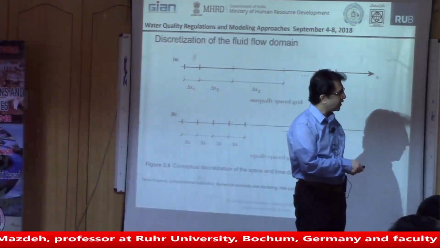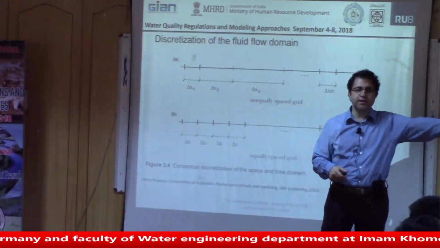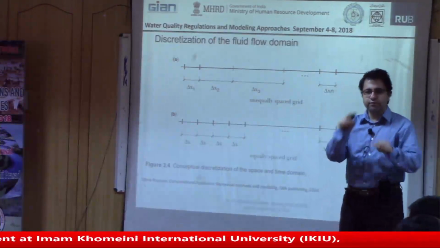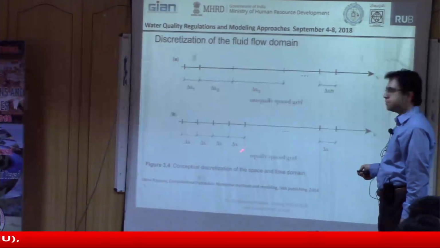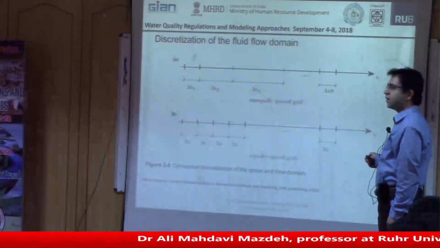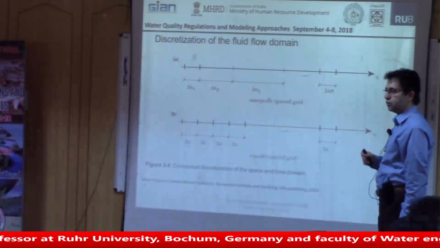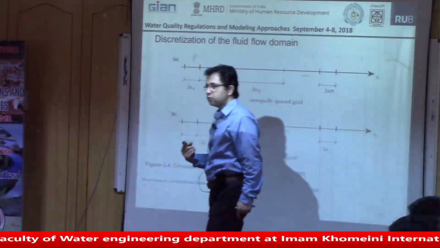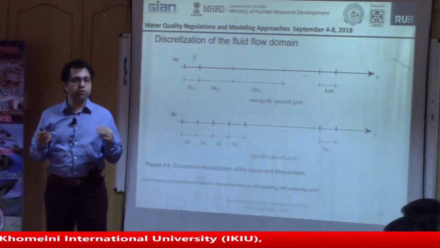You see, we have only delta X, because the change is only in the X direction. So we have some dots only, we don't have squares. But again here you can have equally spaced grids, or you can have unequally spaced. You see, delta X1 is not equal. It's very important, because when you are using numerical models, it's not like you should view.